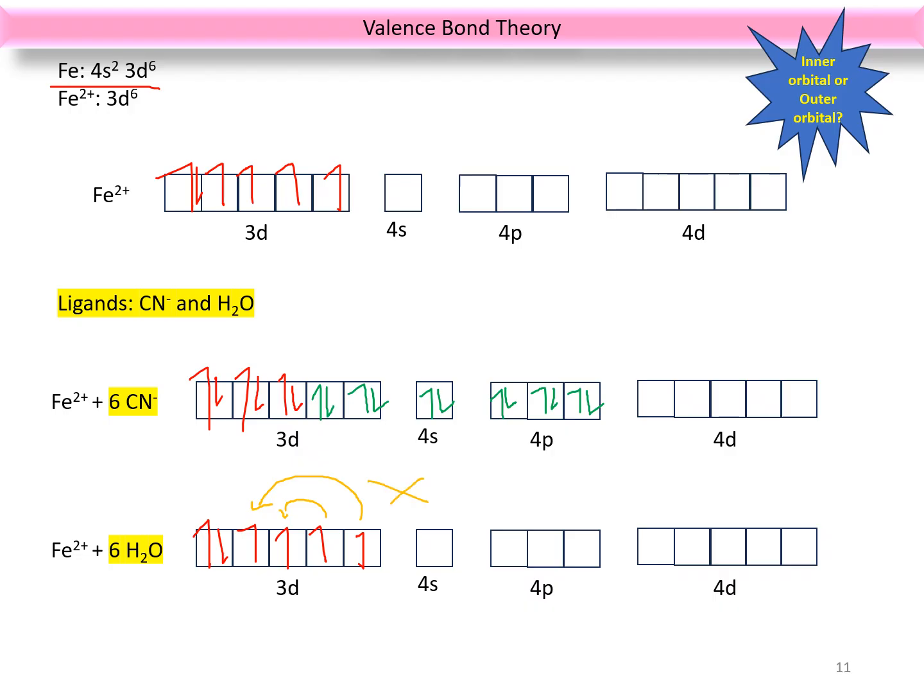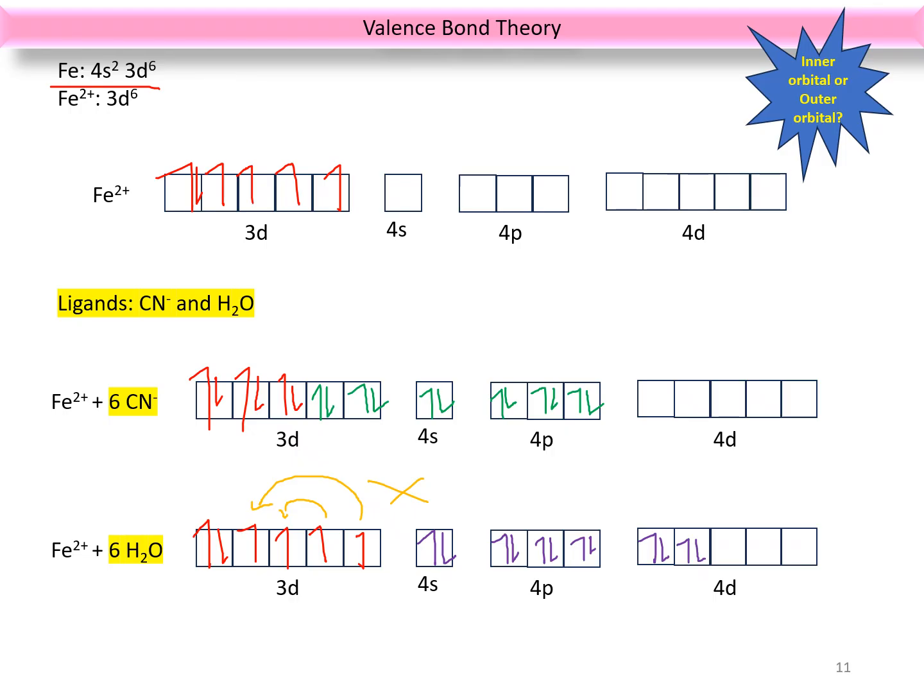So what is going to happen is the electrons contributed by water will start filling in the 4s orbital. This is the first water, that's the second water, third water, fourth water, fifth water, and sixth water.